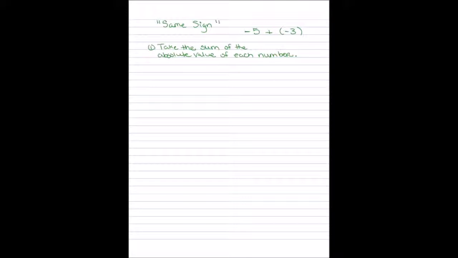Absolute value is just the positive form of each number. So the absolute value of negative 5 is 5. The absolute value of negative 3 is 3. Now we're saying to take the sum, that means you add these 2 numbers together. So 5 plus 3 is going to be 8. That's step number 1.